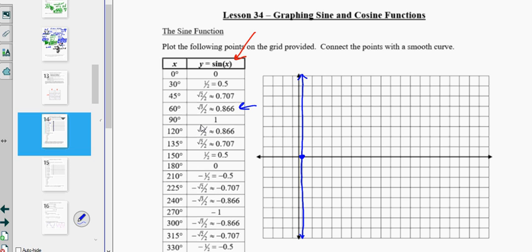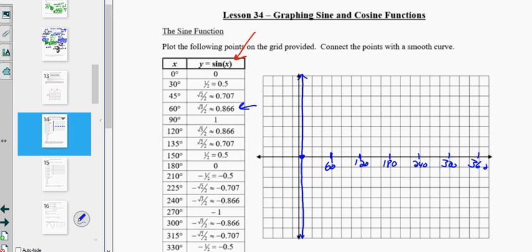So for my angles, I'm going to make that 60. So we'll go up by 60 degrees each time, and then that'll be 120, and then 180, 240, 300, and then 360, right?